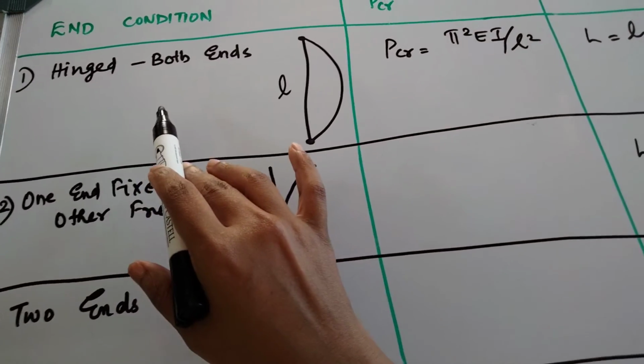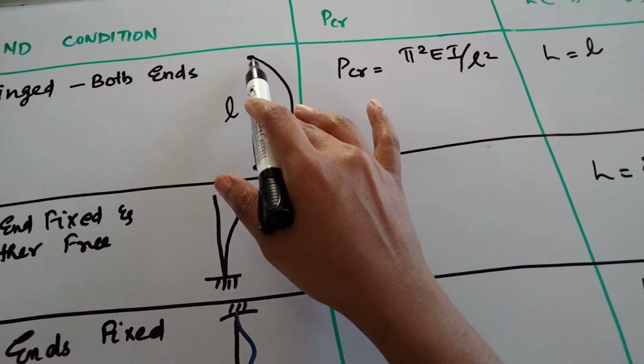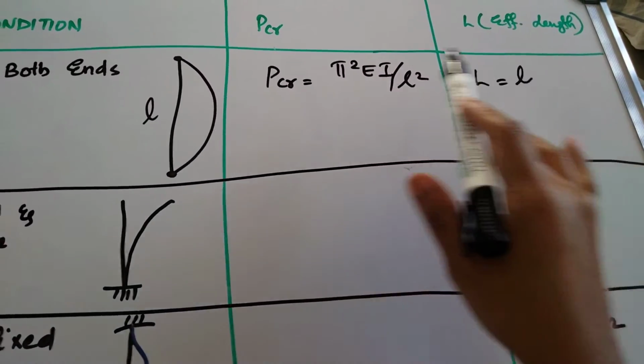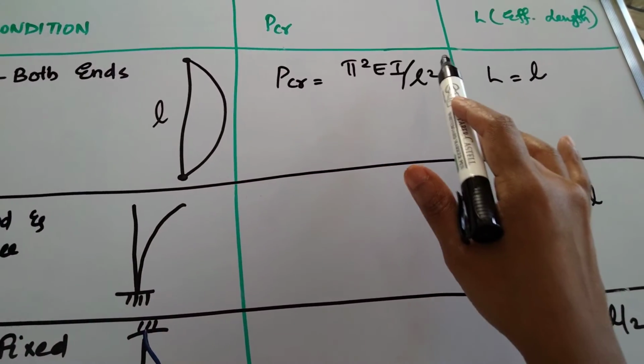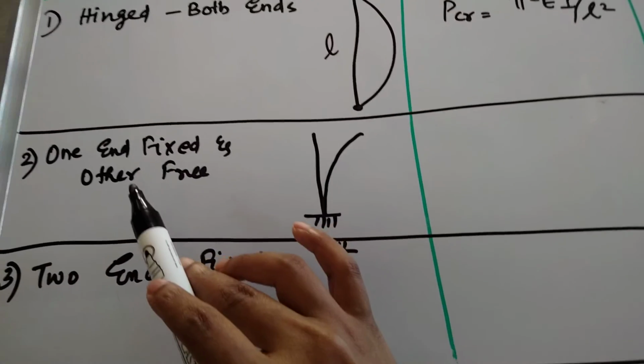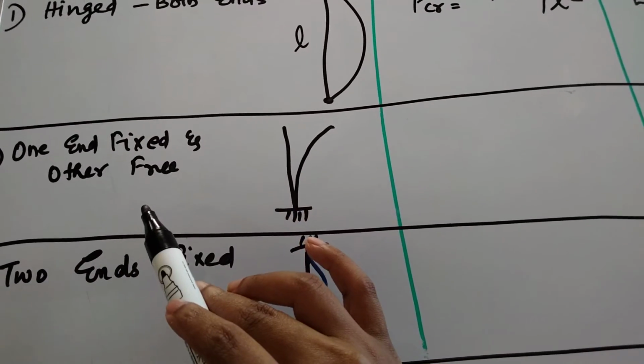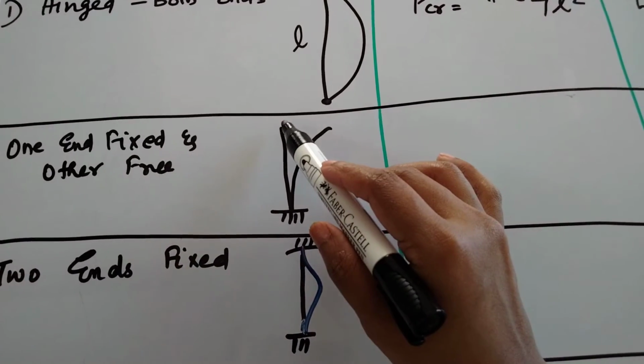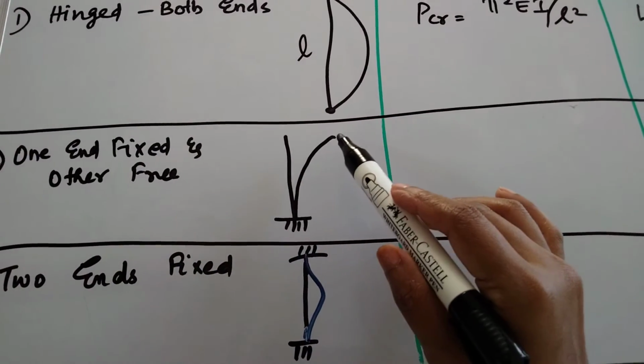The first condition was hinged at both ends. The effective length becomes the total length itself, Le is equal to L. We got the equation as pi square EI by L square. Now the second condition is one end fixed and the other end free. That means this end is fixed and the other end is free, so it is bending in this form.